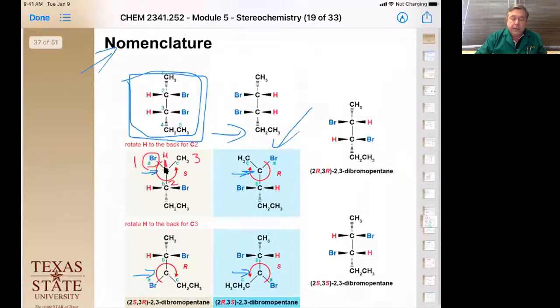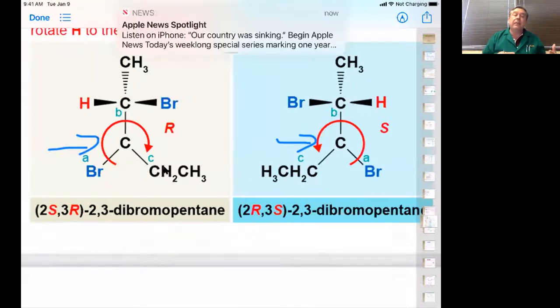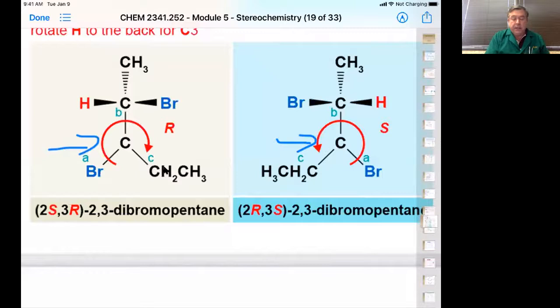Therefore we also have to put that in our final name, and our final name would be to name the number of the carbon and whether it's R or S, and then number the second carbon and whether it's R or S, and then the rest of the name. So just like a cis or trans or an E or Z, it comes at the beginning of the name, and like an E and Z, it comes in brackets. Okay, so for this particular isomer right here on this side, it's 2S,3R-2,3-dibromopentane.